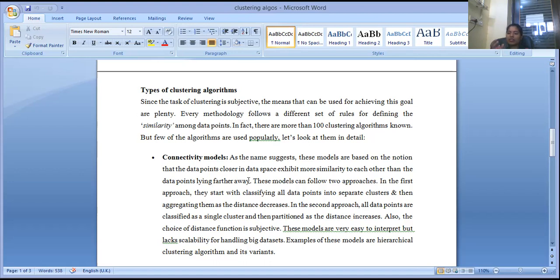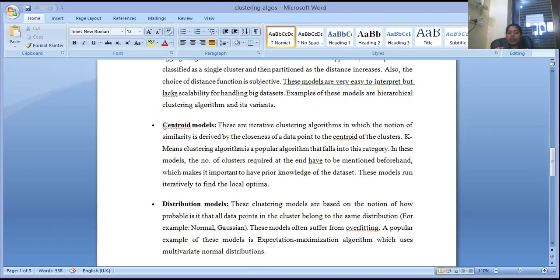However the distance increases, you are partitioning that data also. The choice of distance function is subjective. These models are very easy to interpret but lack scalability for handling big data sets. Examples of these models are the hierarchical clustering algorithm and its variants.